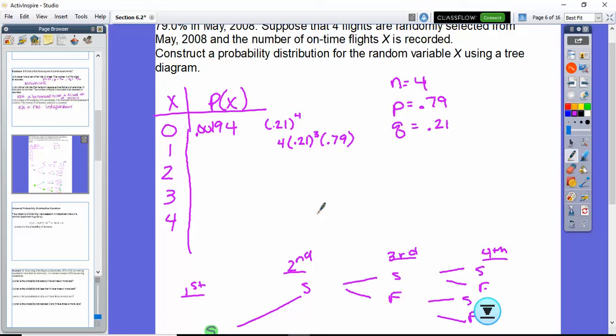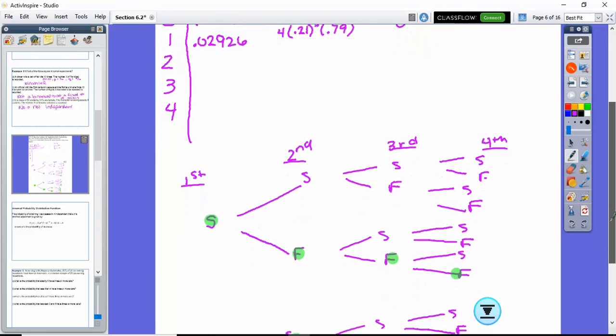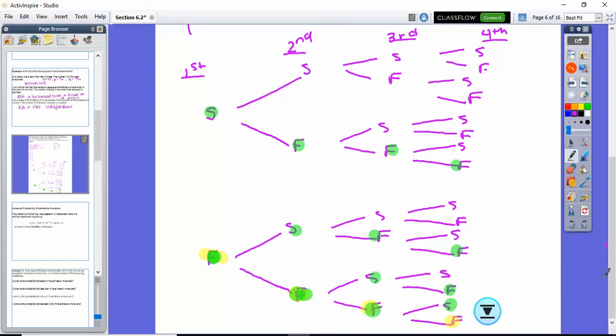So all of those will have the same probability. We're just flipping the order. So if I multiplied this, I get 0.02926.